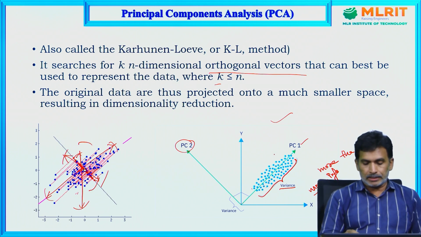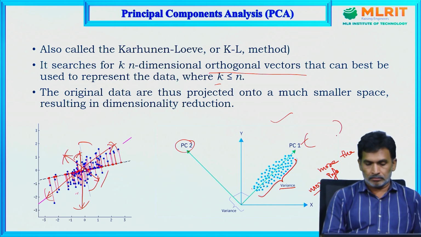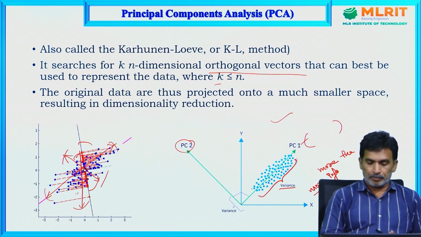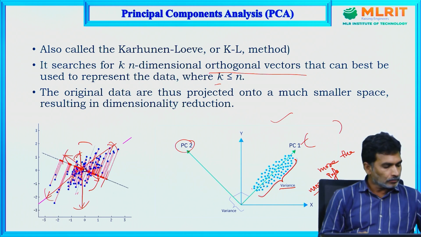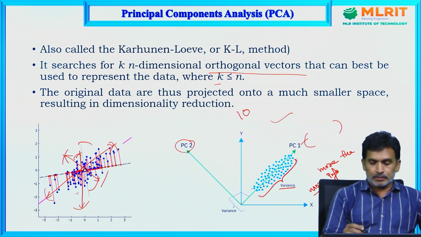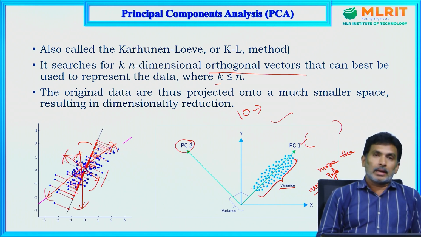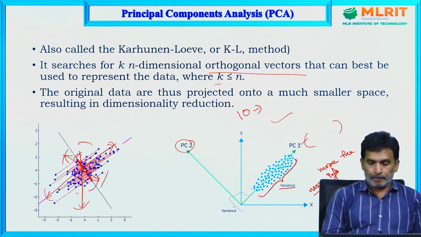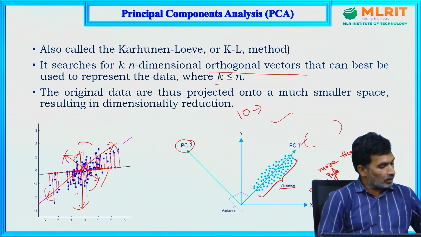So the set of attributes that comprises this principal component analysis, whether new or mixed, could be anything, and those attributes will give much more information. Suppose your data set has 10 features, then we would create 10 principal components. In principal component analysis, we assign a rank to each principal component. The first component will be given the highest rank, then the next principal component will be given the next rank, and so on.